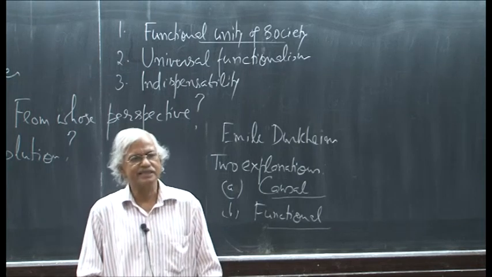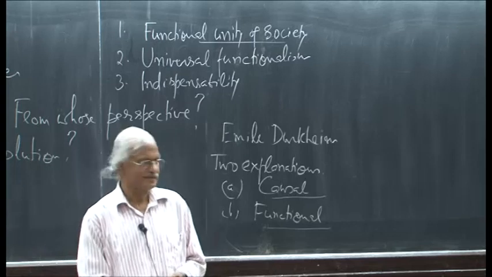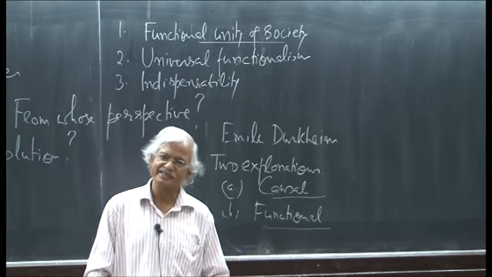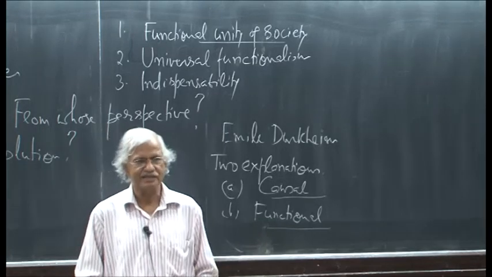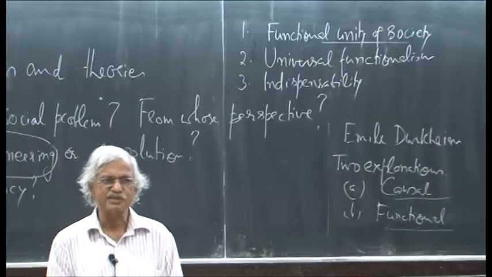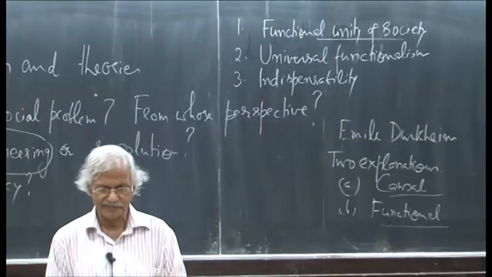So somebody can say that industrialization leads to urbanization. So urbanization is the effect and industrialization is the cause. Causal explanation: history, background, factors which have given rise to some social fact or some social phenomenon.